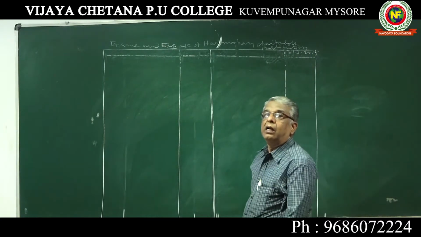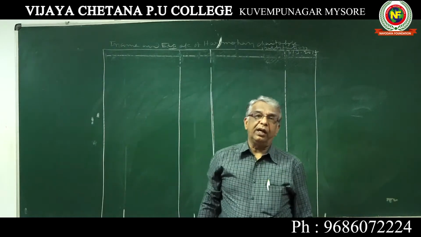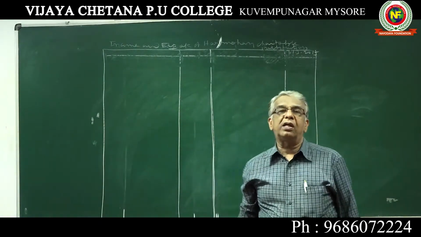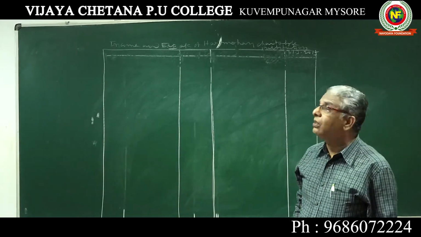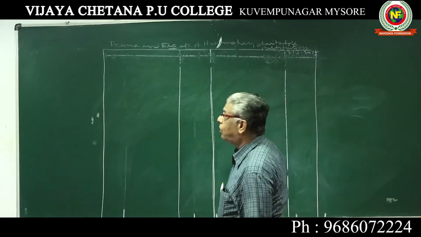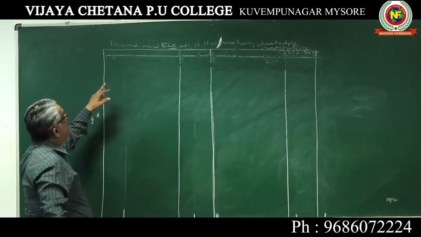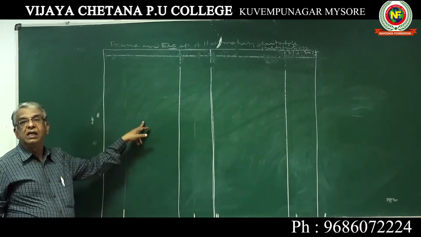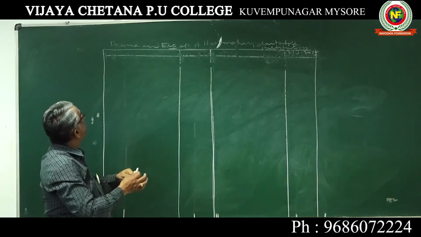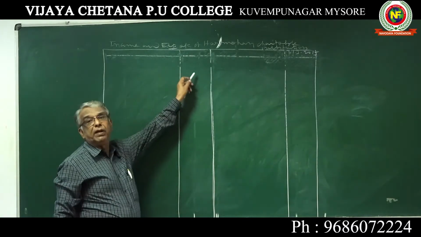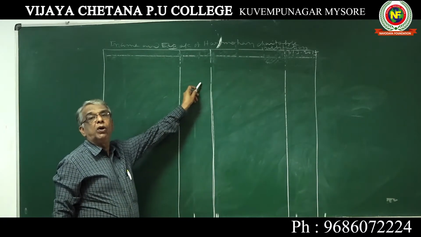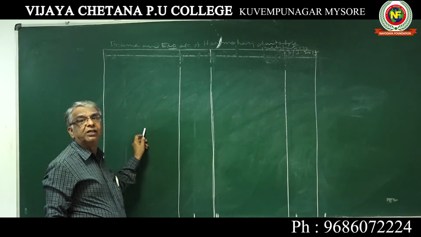See here, as I have already explained yesterday, even though we call it an income and expenditure account, we are going to record all expenditure on the debit side. We are not going to record income on the debit side.